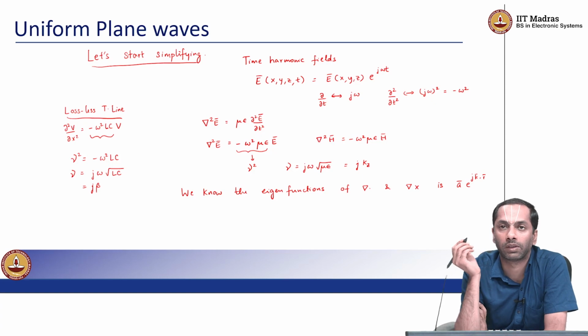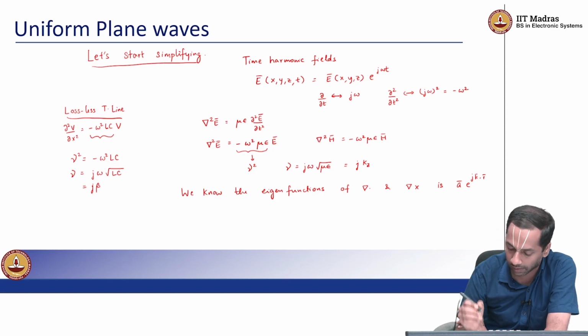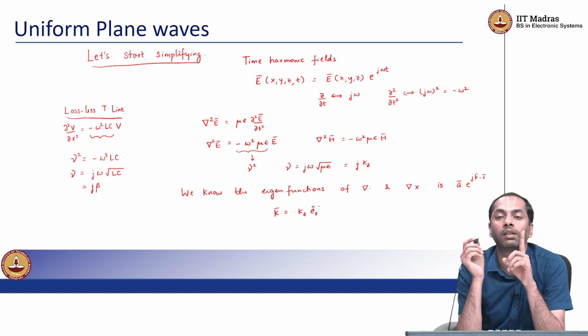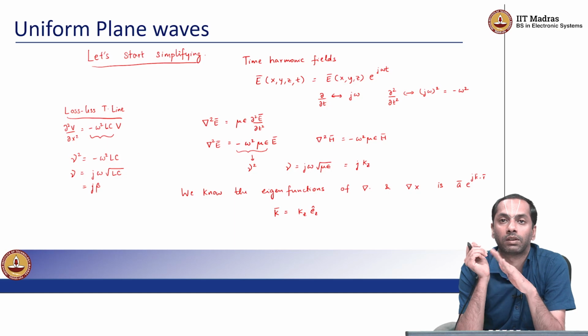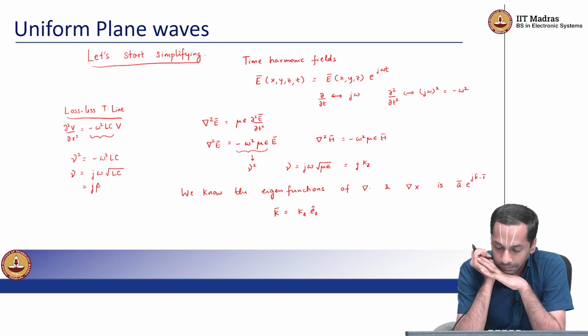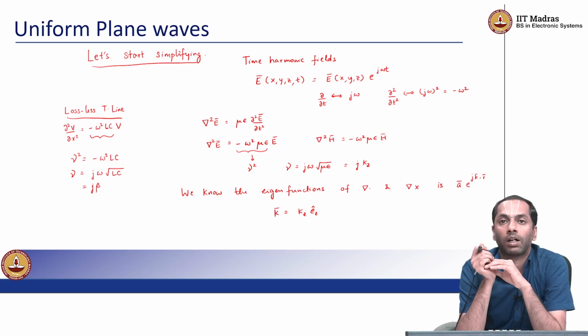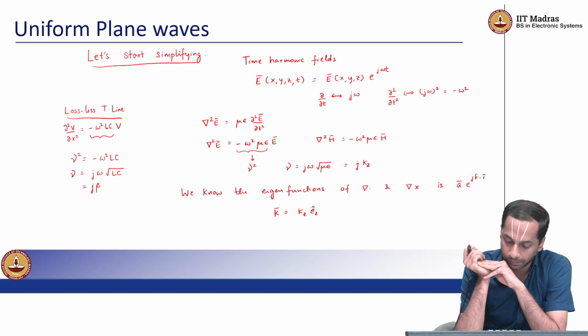I am going to simplify the k vector: because it is an arbitrary choice, I am going to say this is kz ez, orienting my direction along the z axis. And I am going to ask the question, what is the constraint on the vector A due to Maxwell's equations?